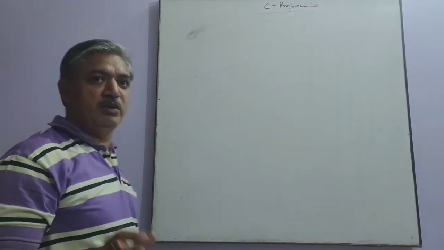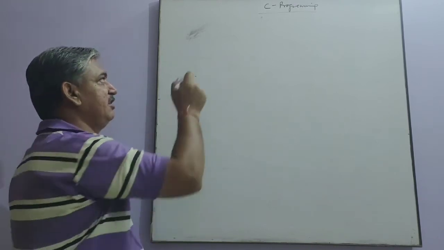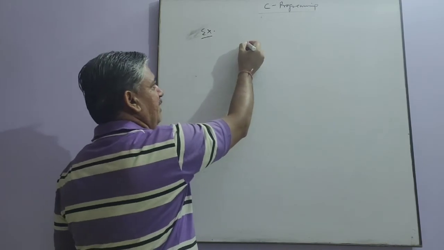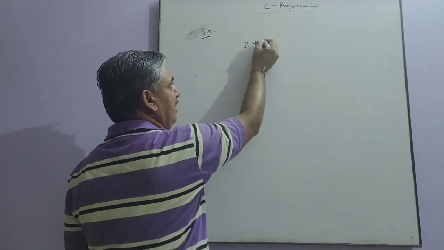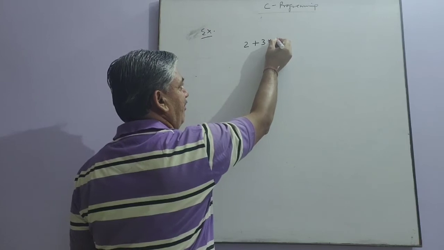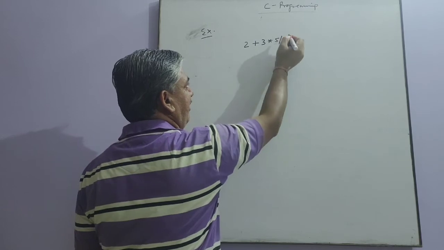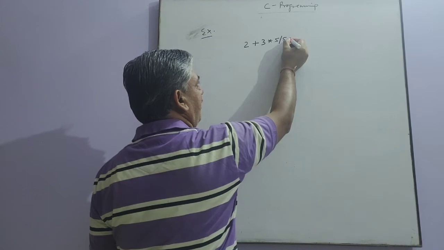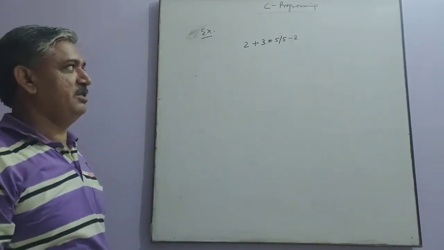To explain operator precedence and associativity, we will consider some examples. So first we take this example. Suppose the expression is 2 + 3 * 5 / 5 - 2. Consider this simple expression.